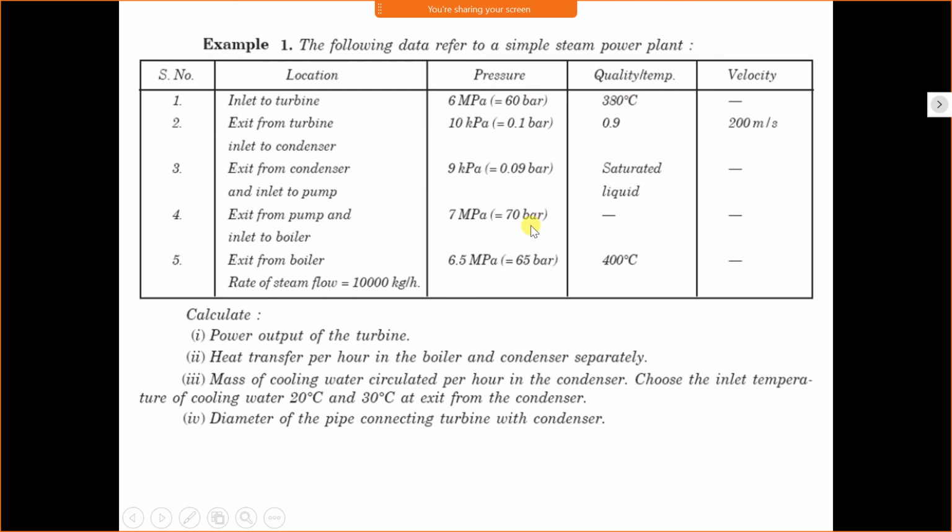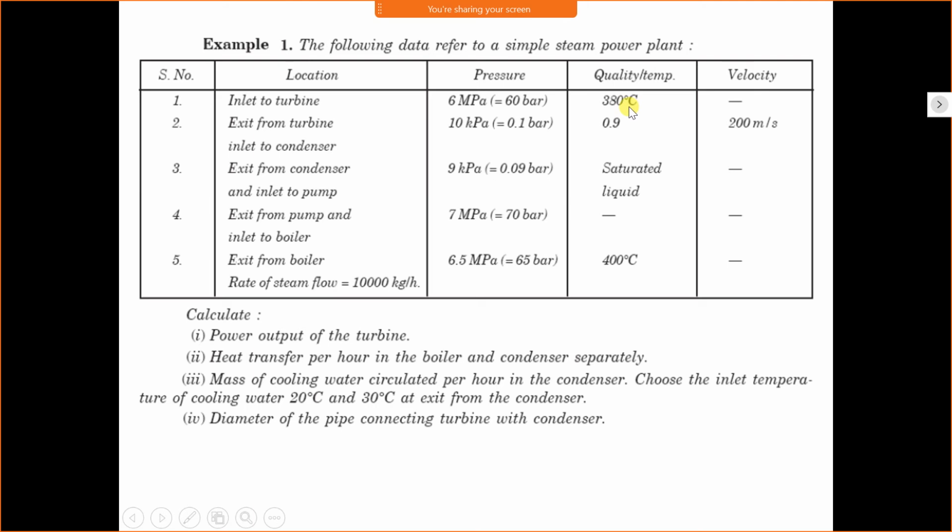But here, while flowing from boiler to turbine, there is a loss. Actually, exit from the boiler is 65 bar, but while reaching the turbine, 5 bar pressure is dropped. Exit temperature of boiler is 400 degrees Celsius, but steam enters the turbine at 380 degrees Celsius.